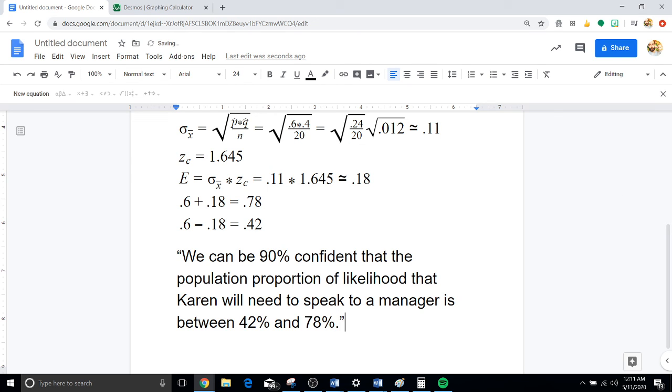Remember, your confidence level goes here. Your subject matter goes here. Your lower part of the confidence interval goes here, and your upper part of it goes here.